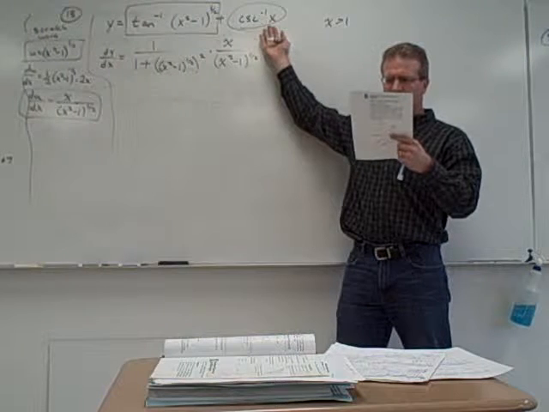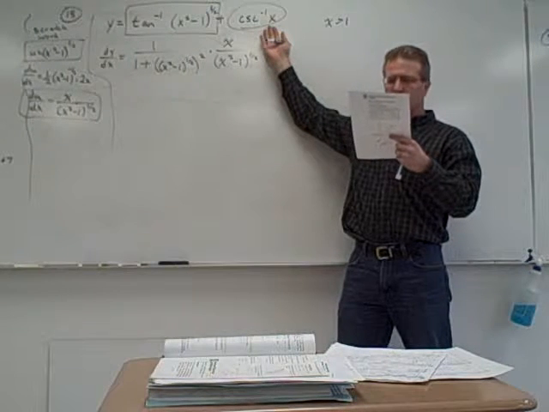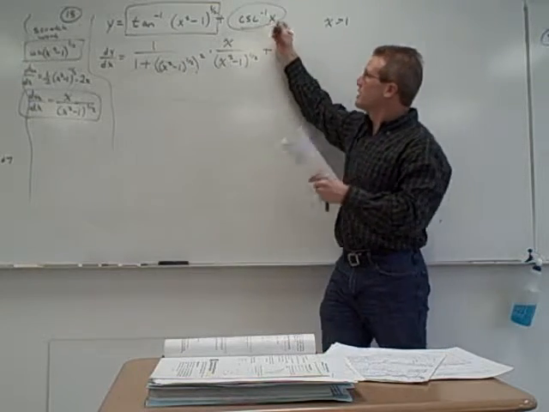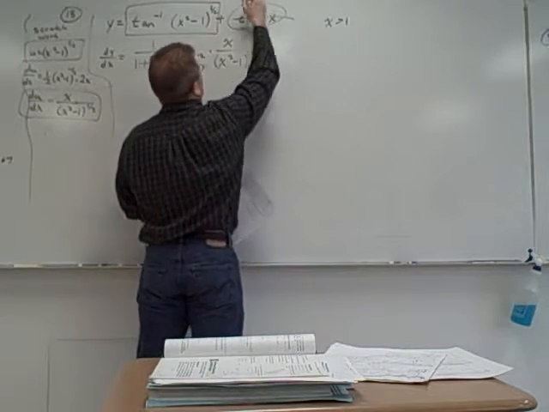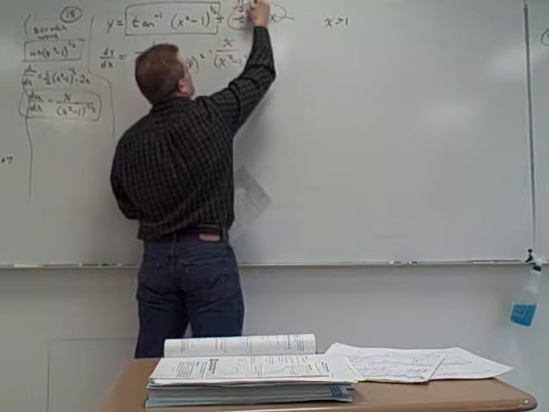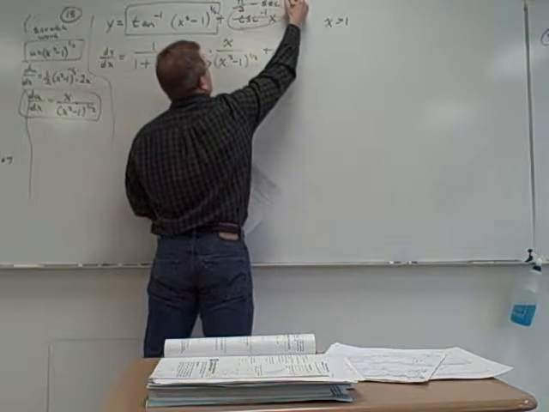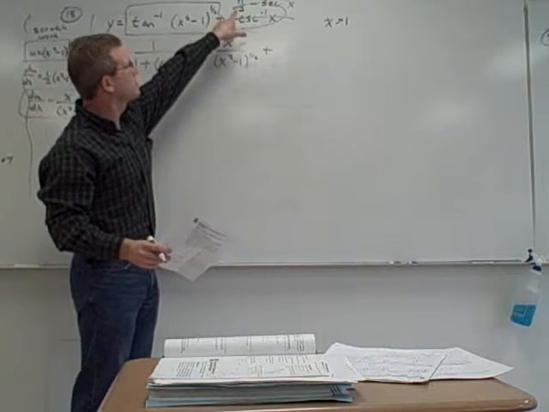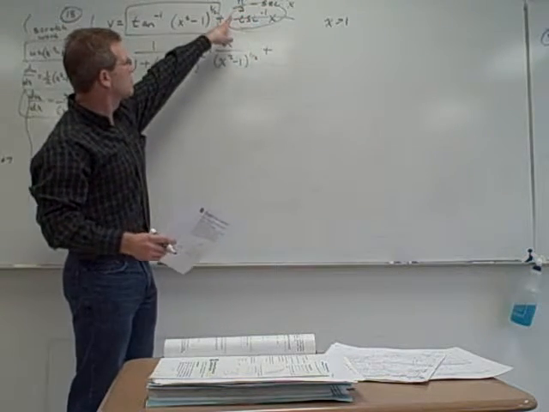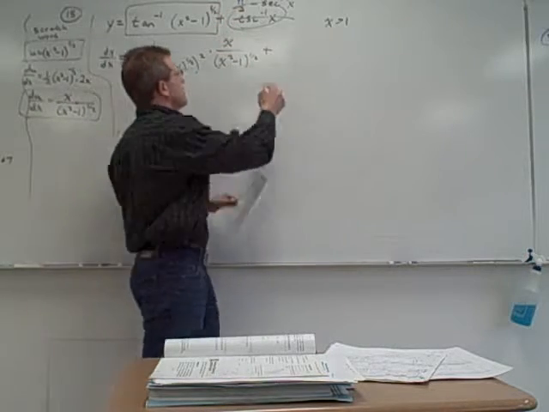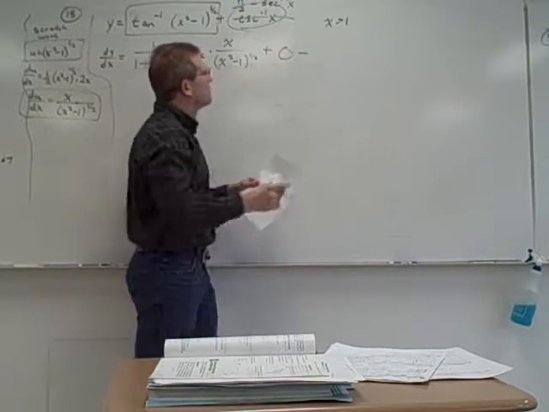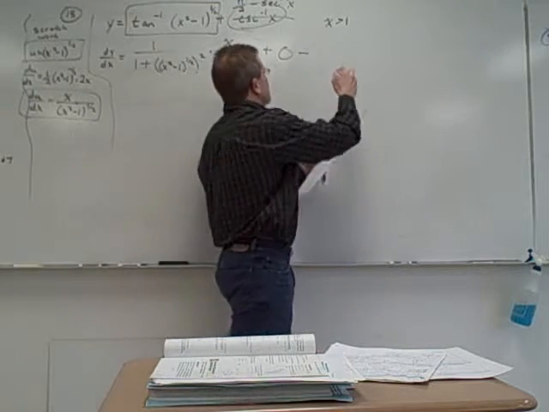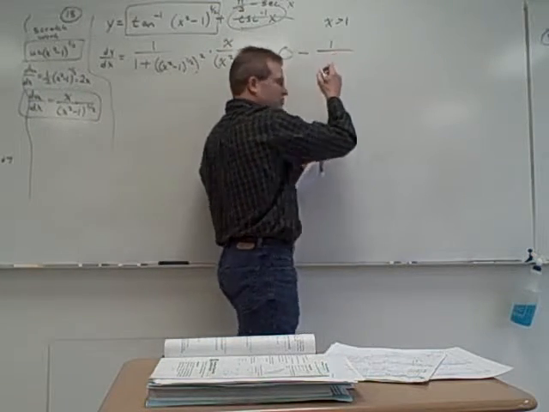All right, derivative of inverse secant, or inverse cosecant. We don't have a formula for that. But there's an identity that says you can change this into pi halves minus inverse secant of x. So let's do that. Let's change inverse cosecant to pi halves minus inverse secant. So the derivative of pi halves is going to be 0 minus the derivative of inverse secant, which is 1 over absolute value of u.